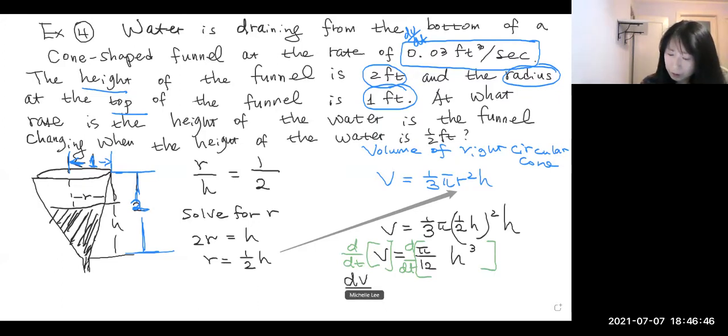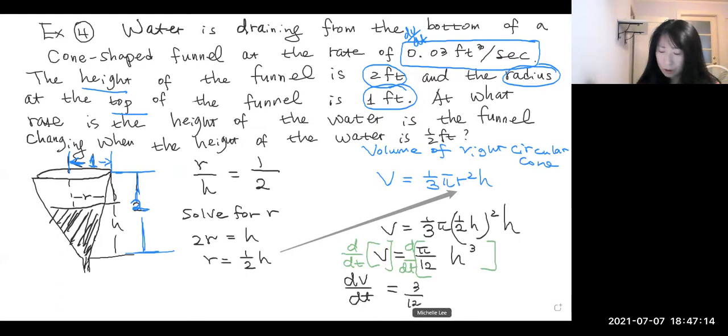Now we do the derivative of h with respect to t. What do you get? Pi over 4 h squared times dh over dt. Excellent. So we drop the power, right? Then h squared, then the dh over dt.